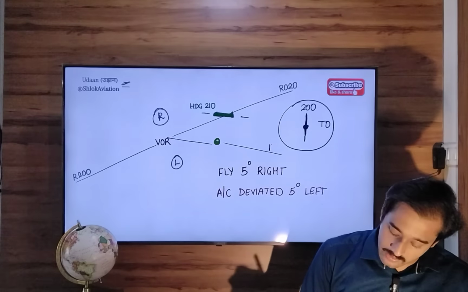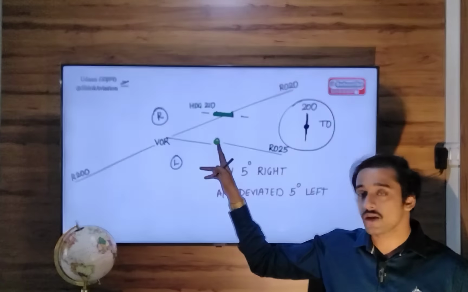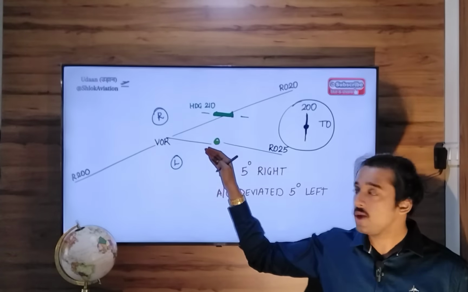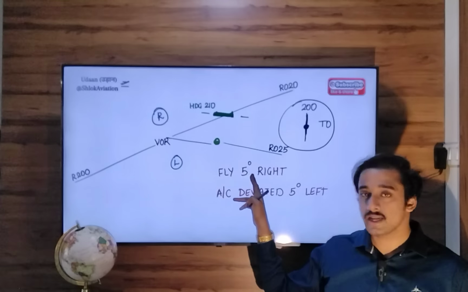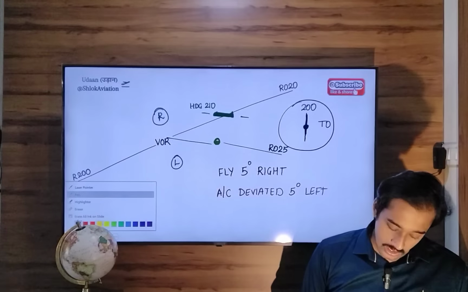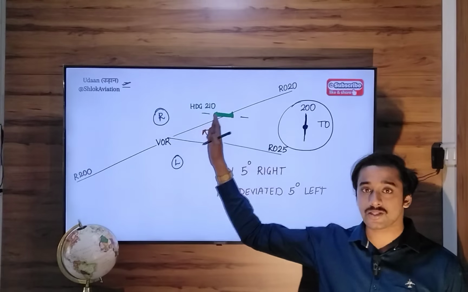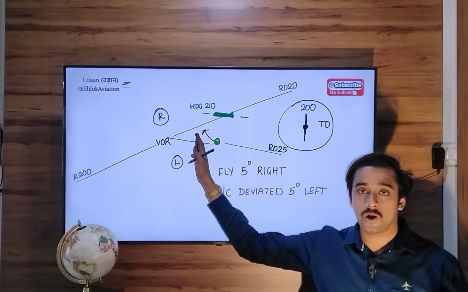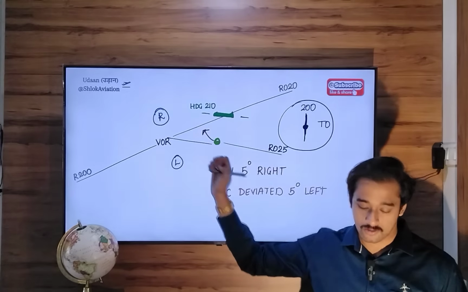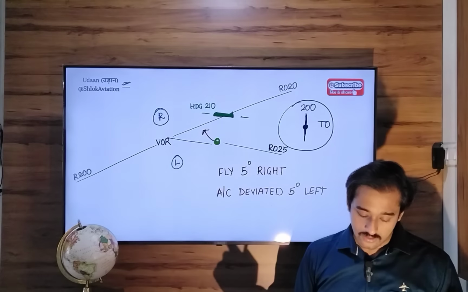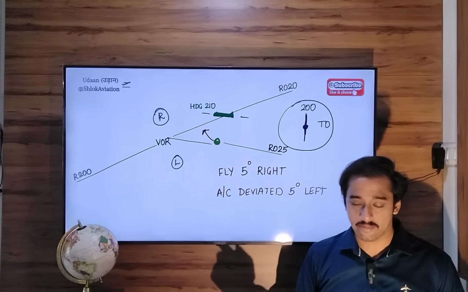So this radial becomes your radial 025. So that means currently aircraft is on radial 025. It should be on radial 020 flying inbound. That's why the CDI needle has moved 5 degree to the right hand side, telling pilot to go 5 degree right, because that's where your track is. Correction, track 200 inbound or radial 020 inbound.